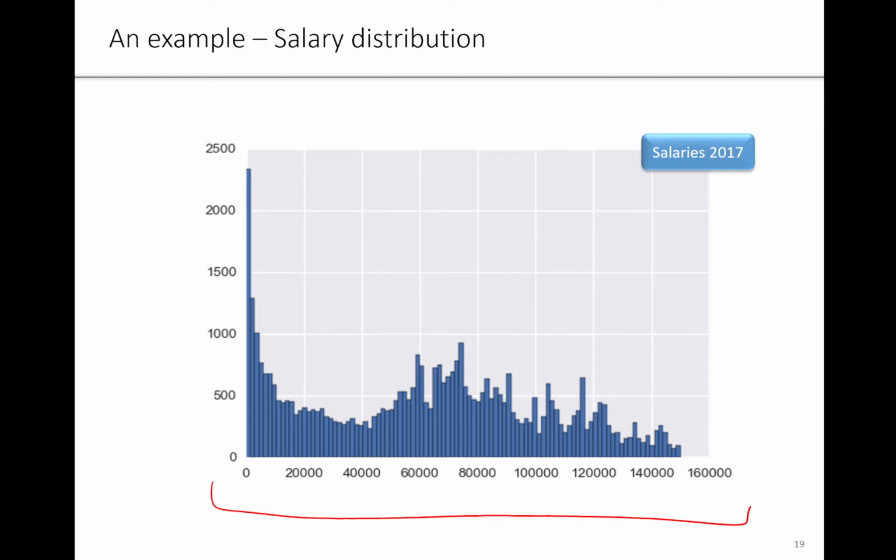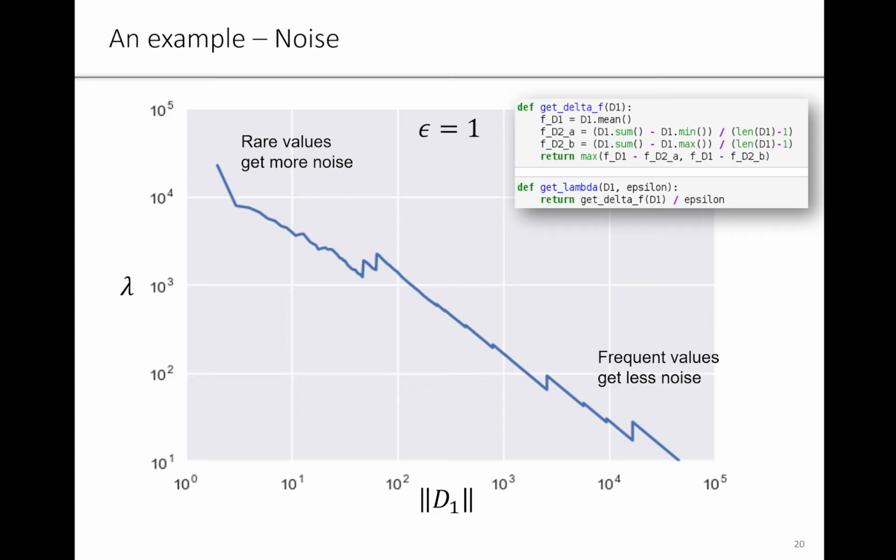So how often do these numbers occur? And the idea is to give rare values more noise. If you have values that are available 100 or 200 times, then your single value will not be so identifiable, so it's unclear.